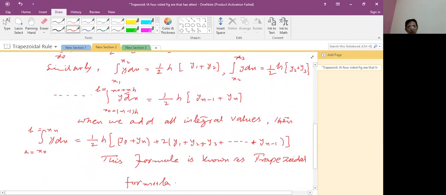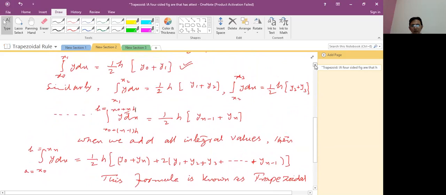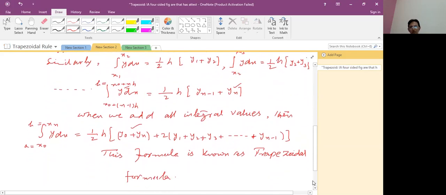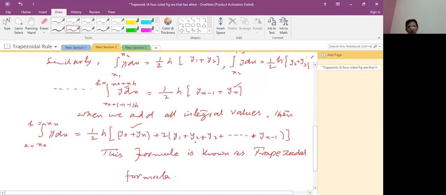It is h upon 2 of y naught plus yn, the first and the last value, and all the middle values y1, y2, y3, up to yn minus 1 and so on, are repeated, so we write 2 times of these. It means all these values are repeated two times. So this formula is known as the trapezoidal formula.